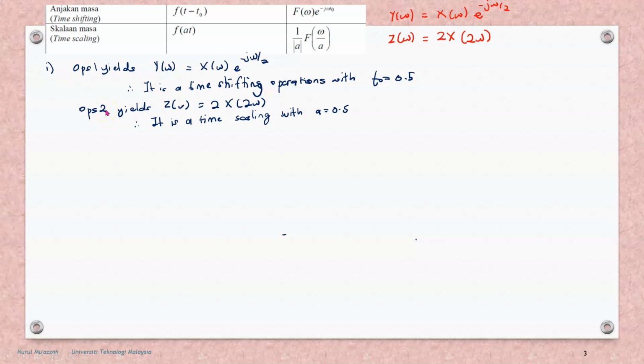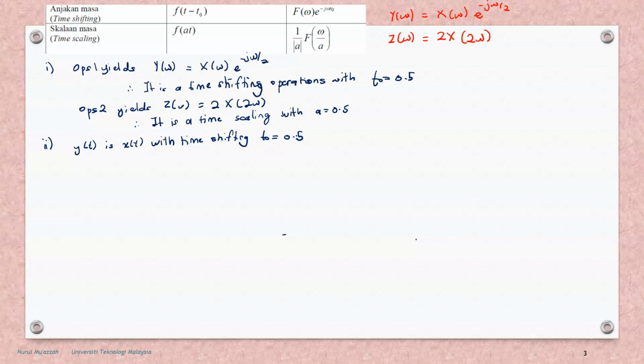Question number 2, you need to sketch y(t) and z(t). Based on the operations that we have found, we can derive back the time domain functions for y(t) and z(t). For y(t), y(t) is actually x(t) with time shifting t0 equal to 0.5.